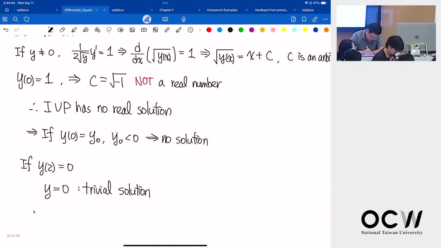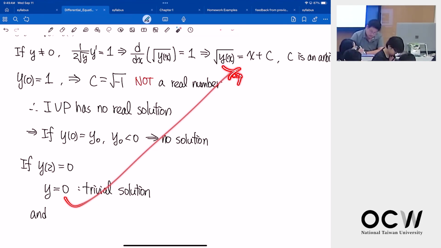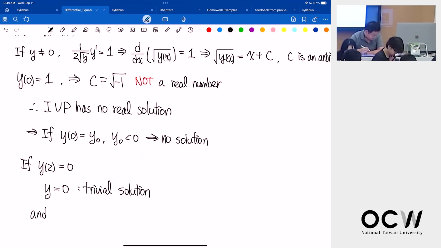And if we bring this initial condition to the solution and find the constant c, then you will see the square root of 0 equals 2 plus c, and then your c is minus 2.